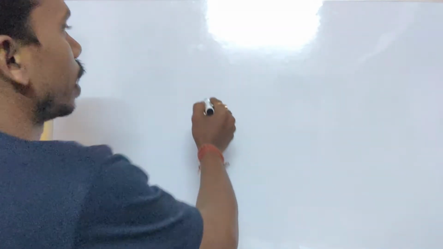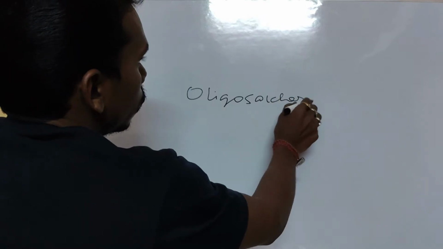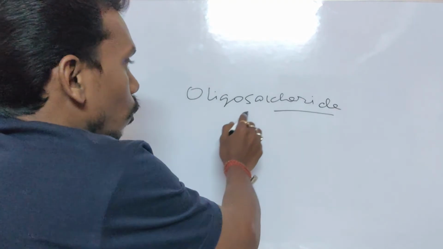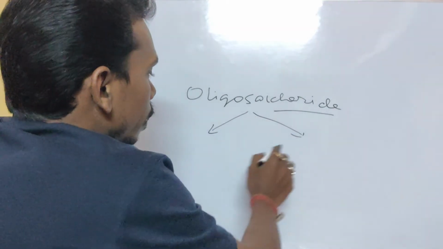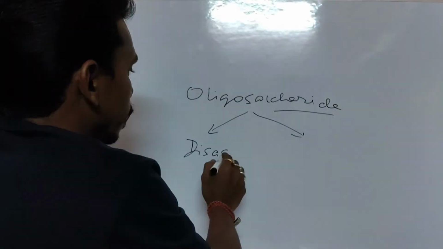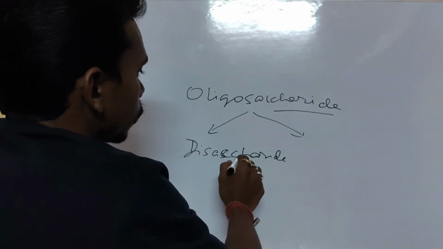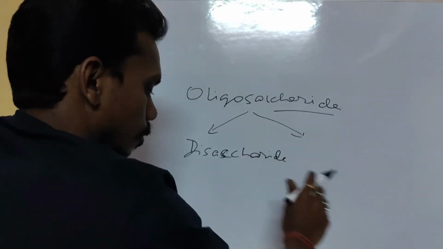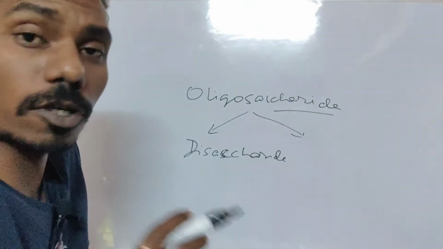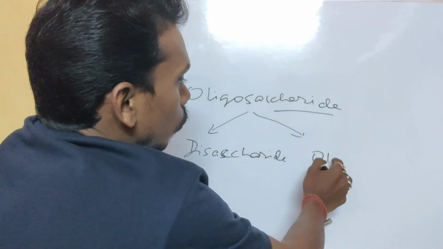Moving forward to oligosaccharides. Some books also say that oligosaccharides are again divided into disaccharides and then other oligosaccharides.